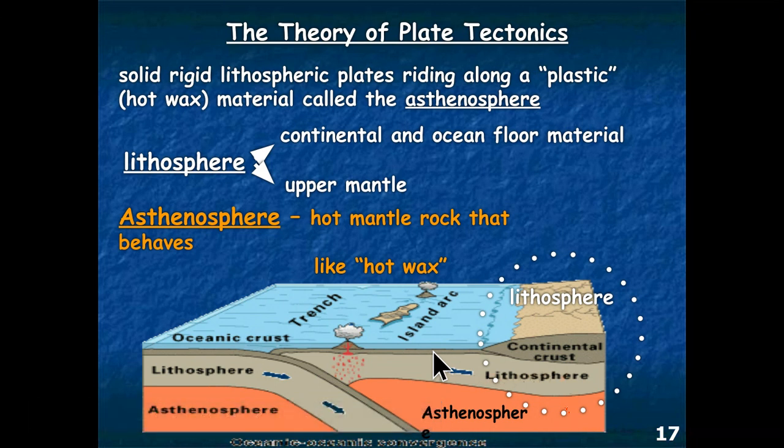And also to drive the plates, or to allow the plates to move, the plates move along the asthenosphere, which represents hot mantle rock. I kind of look at the asthenosphere as like hot wax. If you heat up wax, it gets kind of gooey, and these lithospheric rigid plates are allowed to move around and slide around the asthenosphere.